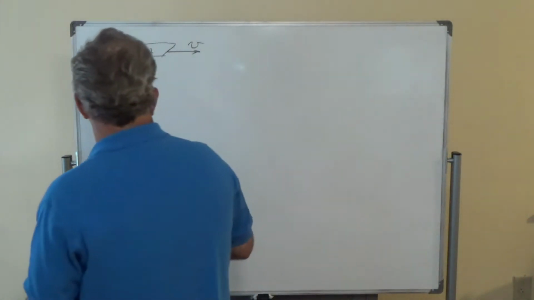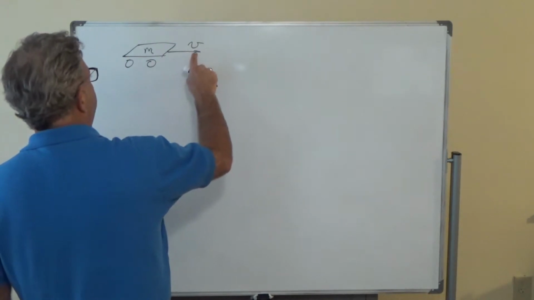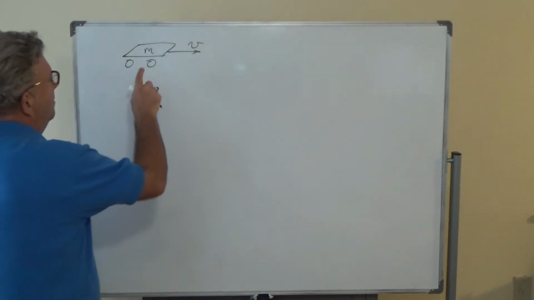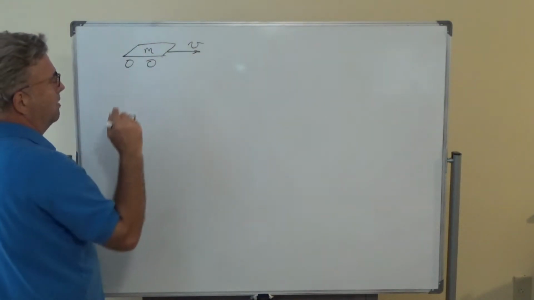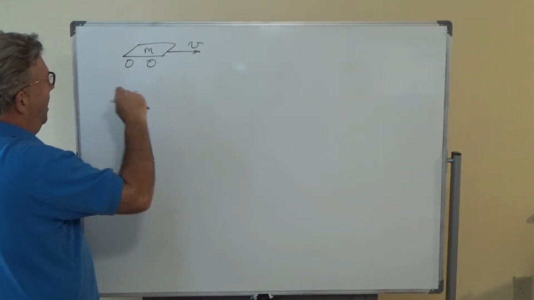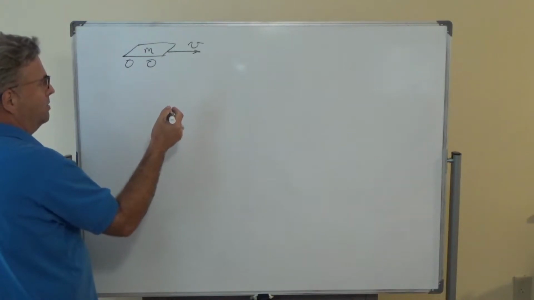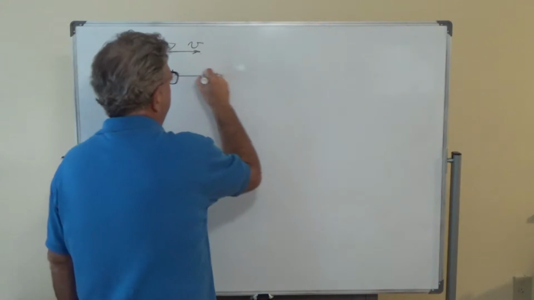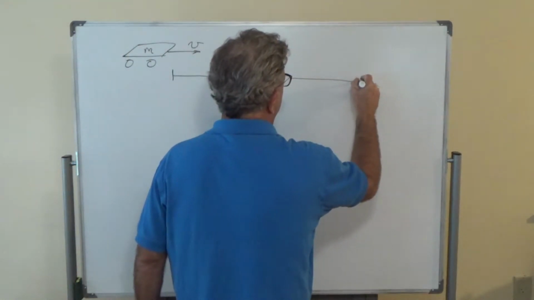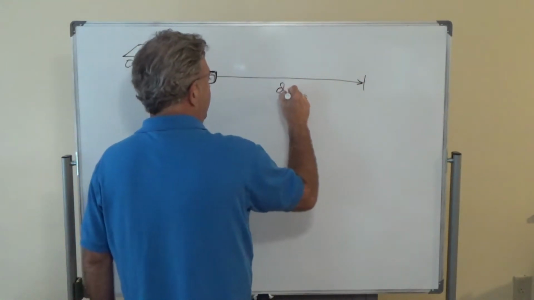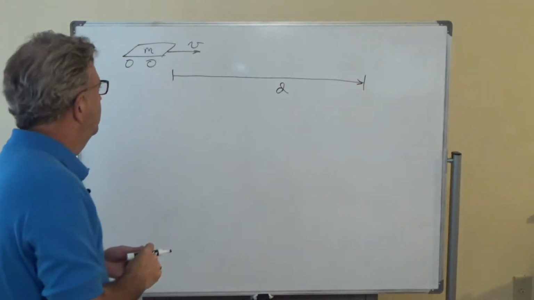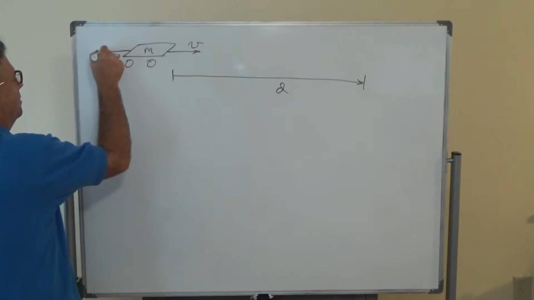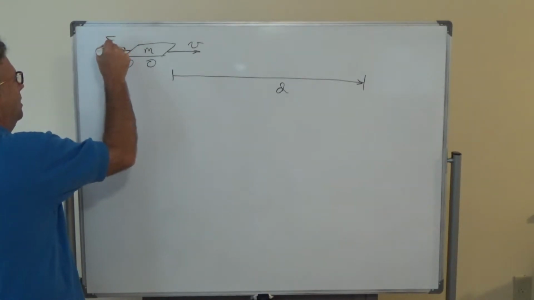So this is a 1D problem. This car is traveling at some velocity v, and you apply the brakes. It takes some distance d for you to stop. So there's a force. I'm just going to draw it as some net force in this direction.